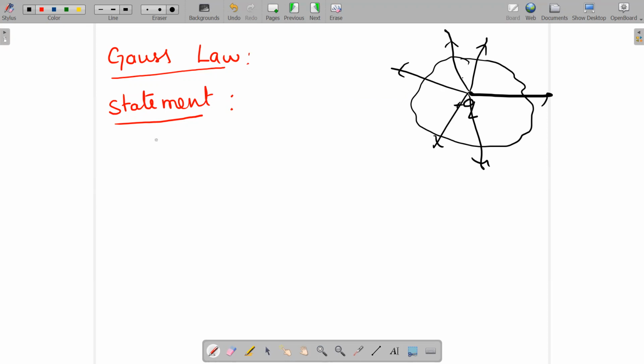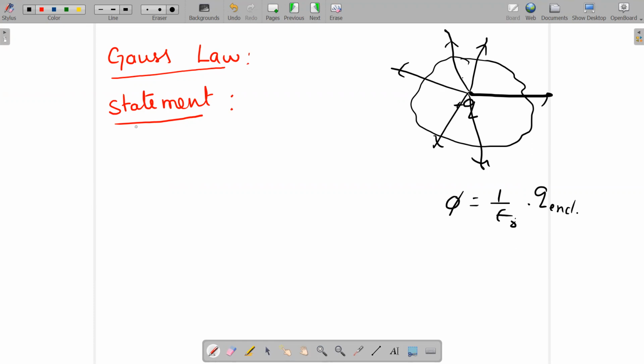So Gauss law says that the flux through any closed surface, called a Gaussian surface, is equal to 1 by epsilon naught times the charge enclosed. You can express it as Q in, meaning charge inside the surface, or simply Q by epsilon naught.